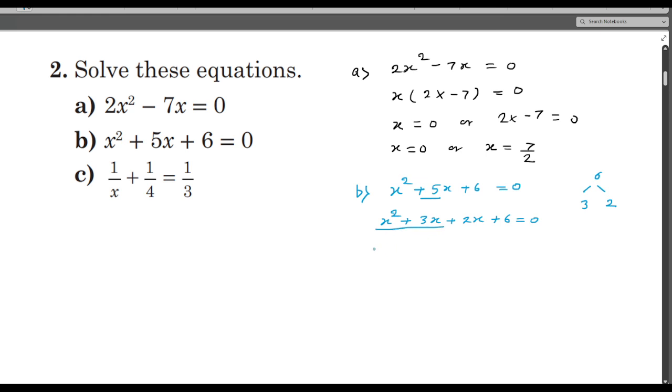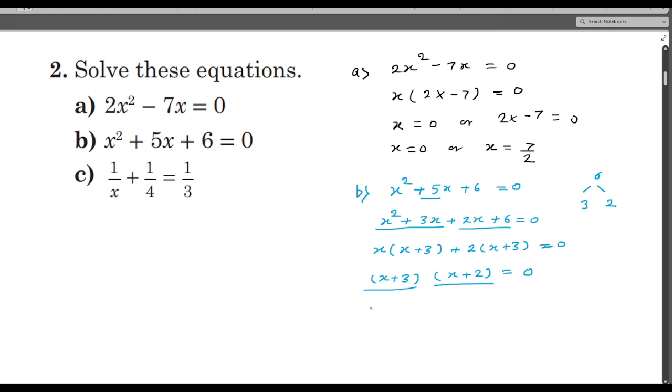Now from here, you will take x common, so it is x plus 3. And from here, you will take plus 2 common. So again, it is x plus 3 is equal to 0. Now, x plus 3 is your one factor and x plus 2 is your other factor. The product is 0.